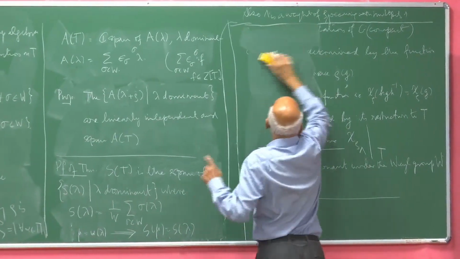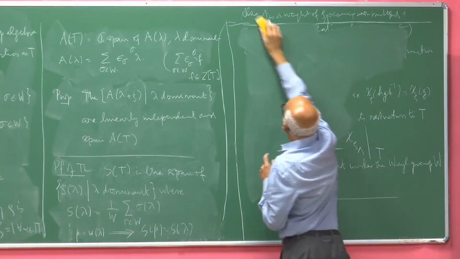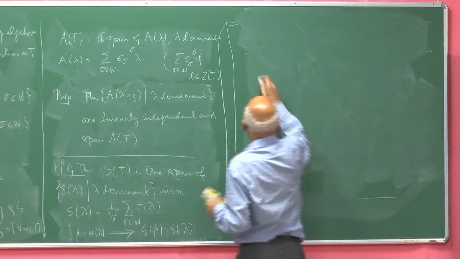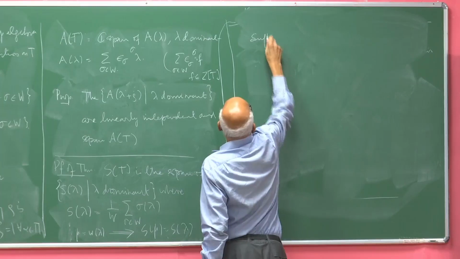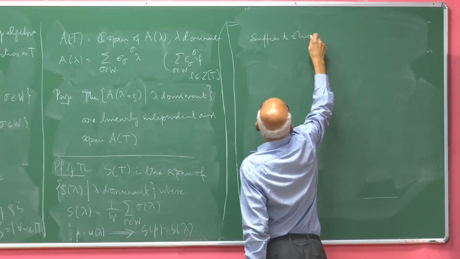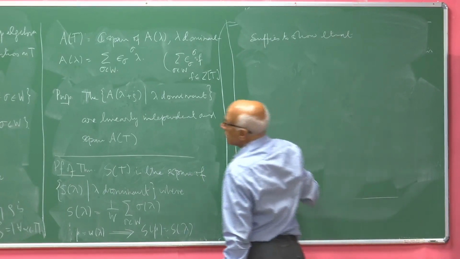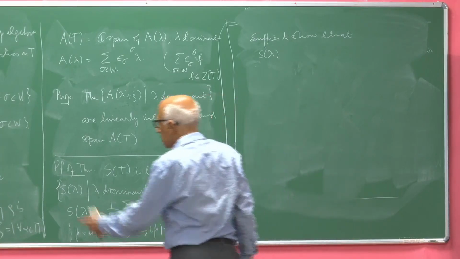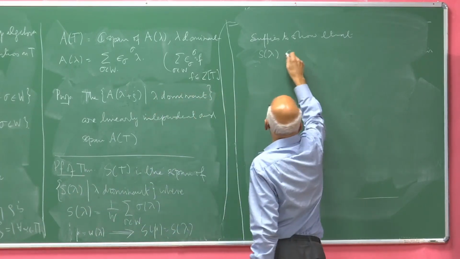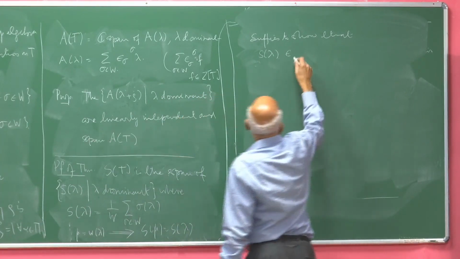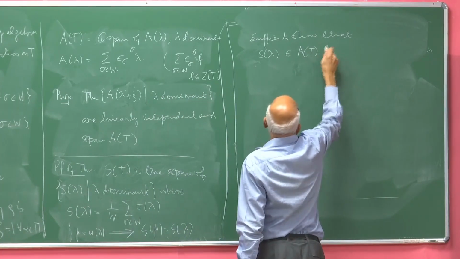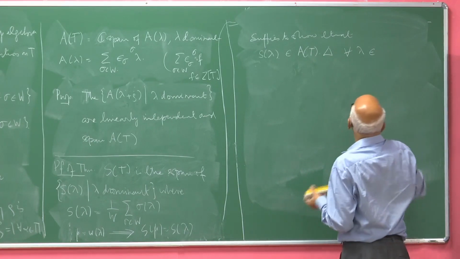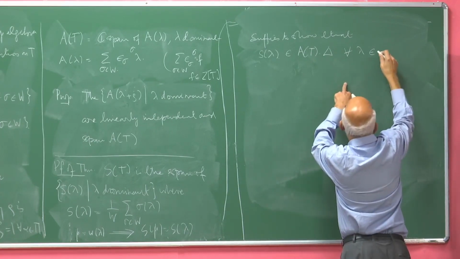So, it is enough to prove, it suffices to show that S lambda is in AT delta for every lambda dominant.